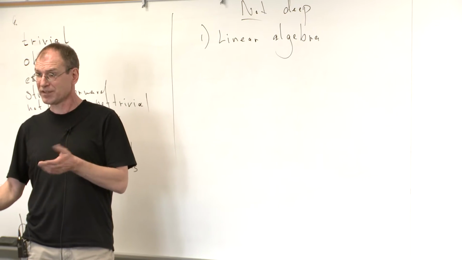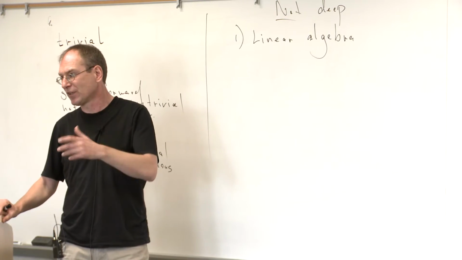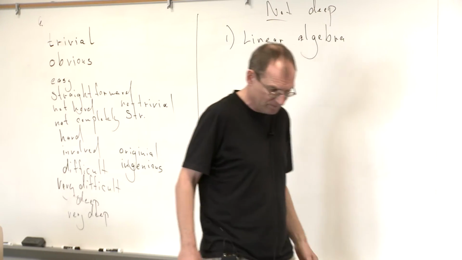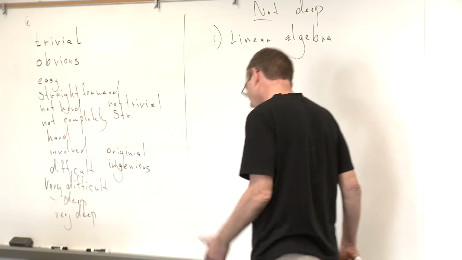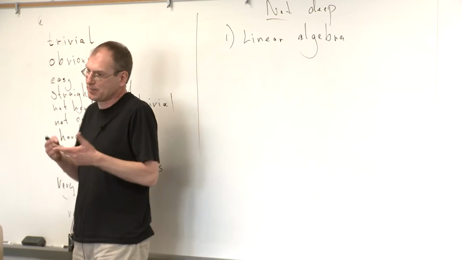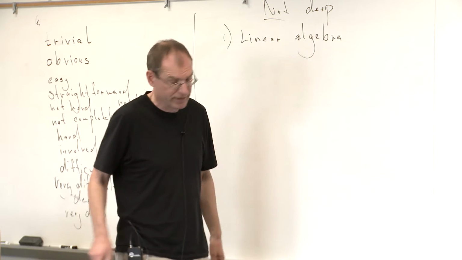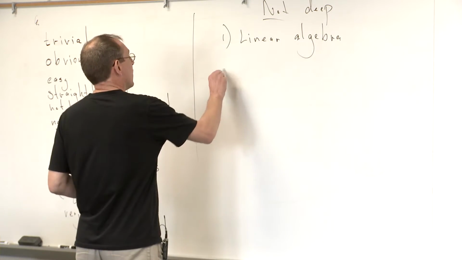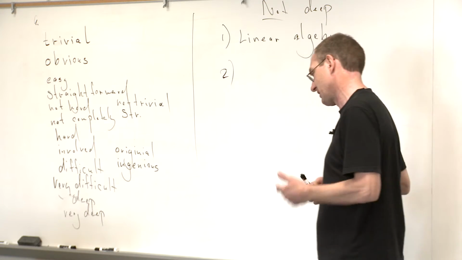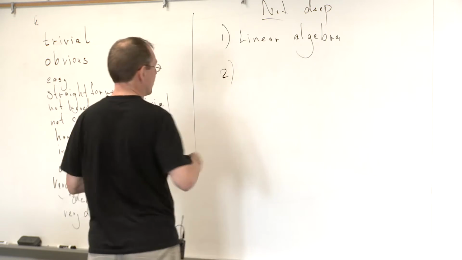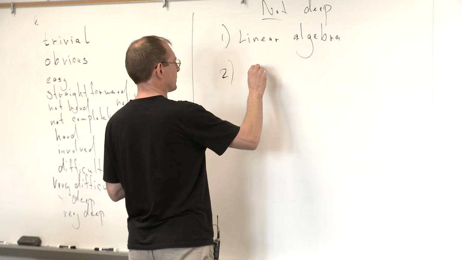Given the historical development, the theory just somehow develops itself. You came up with the right concepts to describe this phenomenon of linearity. Here's another area where I think there are no deep theorems, at least in these basic undergraduate courses: point set topology.